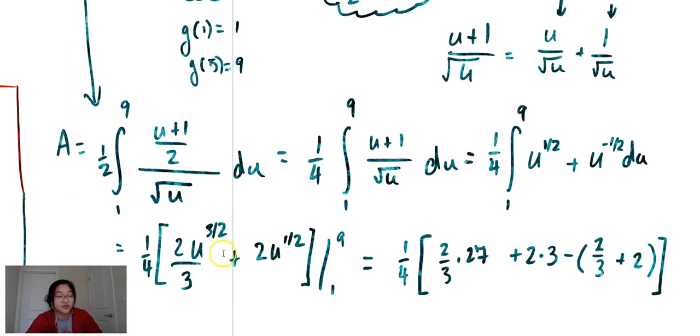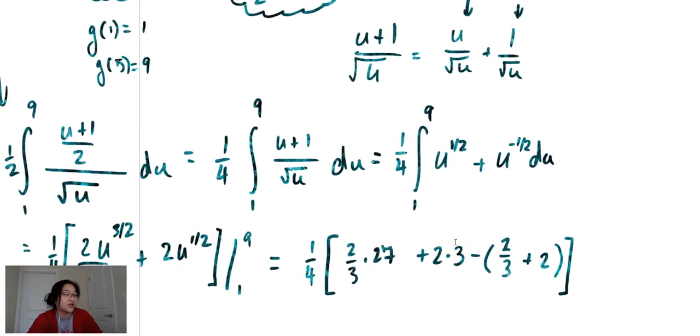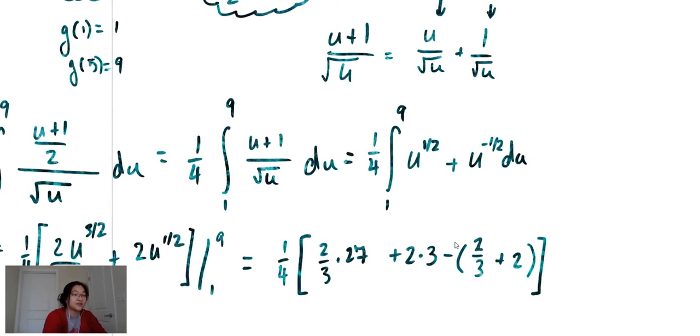And now we're just doing a little bit more arithmetic, and we get this equals 1/4. That goes to 9, and that goes away. So then we have 18 plus 6 is 24, minus 2/3 plus 2 is 2 plus 6 is 8, so 8/3.